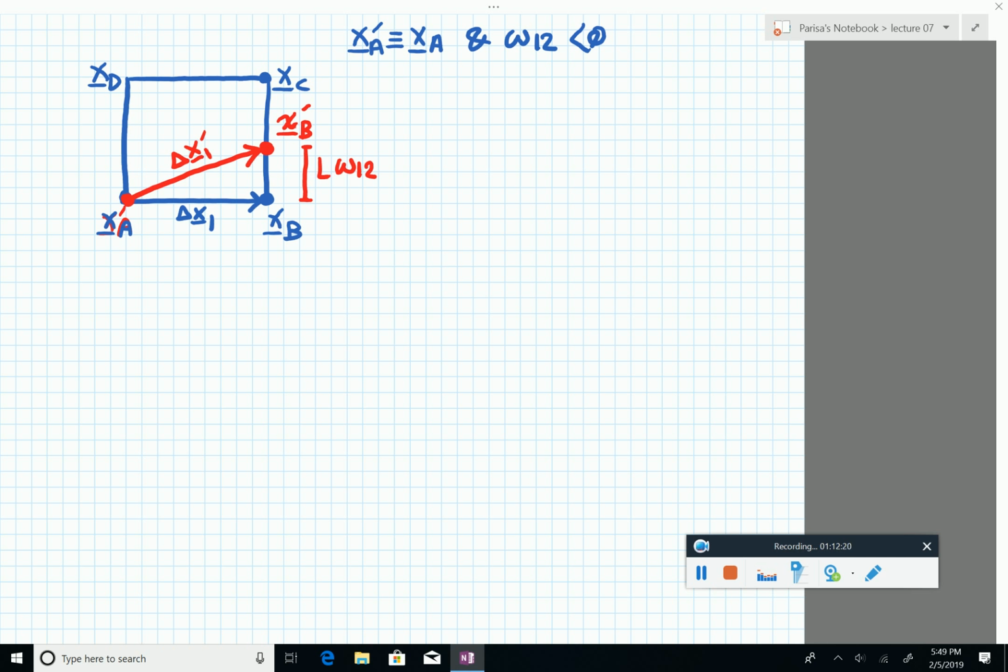Try not to use your knowledge from before, really draw it, because it's important to understand what the components are. Okay, I just draw it. And that's where we stop.